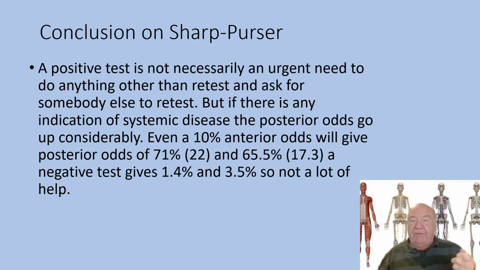While the negative test gives 1.4 and 3.5 respectively. So that doesn't help a lot. It's still high enough for this to be a real issue, but it's the negative test you should have less confidence in, which is good. You need higher confidence in a positive test because you're better off making a mistake on the bad side rather than the good side.